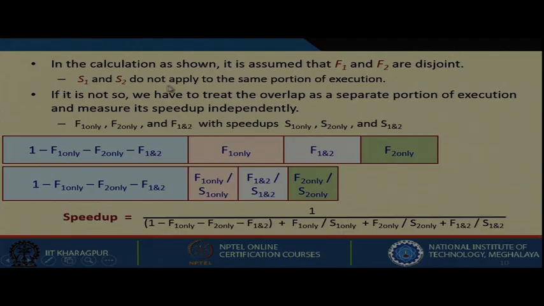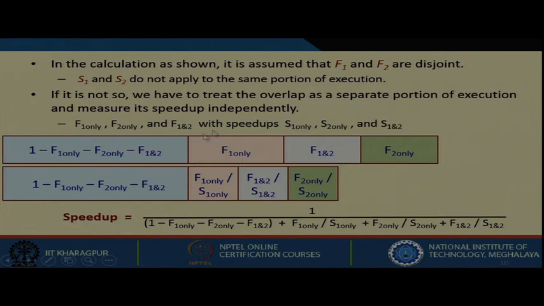So, S1 and S2 do not apply to the same portions of execution. If it is not so, we have to treat the overlap as a separate portion of execution and measure its speedup independently. Now, this is very true that this is one part, this is one part, and this should also be considered another part, and we have to calculate the speedup separately.